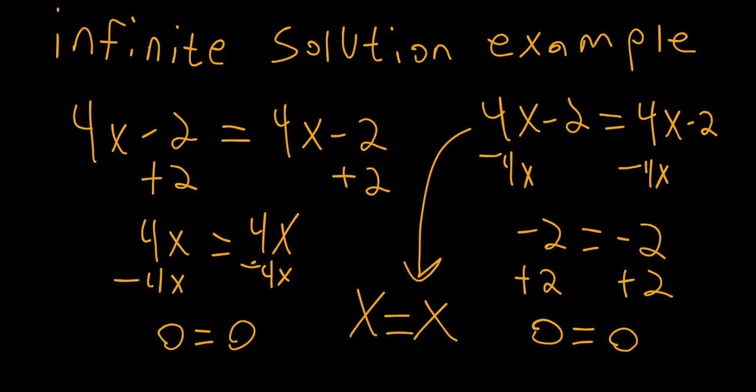A common mistake that people make when they're doing these problems, where they're set up to find a no solution or an infinite solution scenario, is they try to force there to be an answer. They try to massage the equations until out pops something like 2 equals x in this situation.